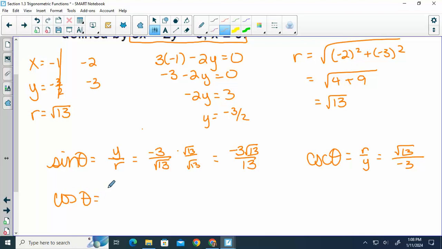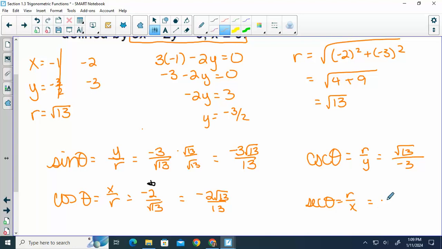So cosine is x over r. So -2 over radical 13. But we have to move the radical. So secant is the reciprocal. Or if you're thinking of it as just flipping, always go back and flip the one before you move the radical. Make your life way easier.